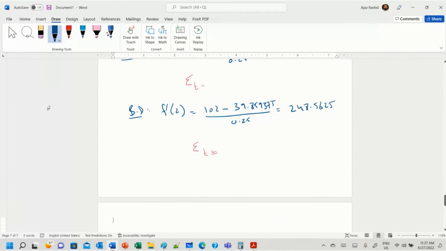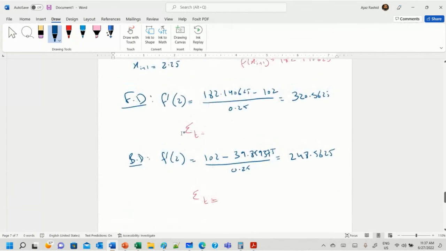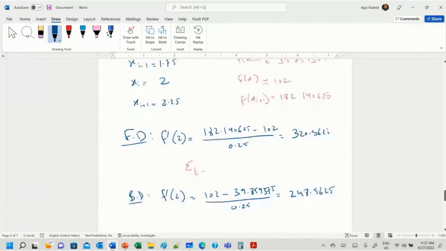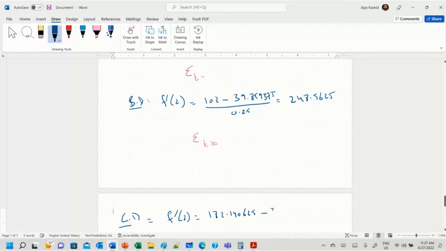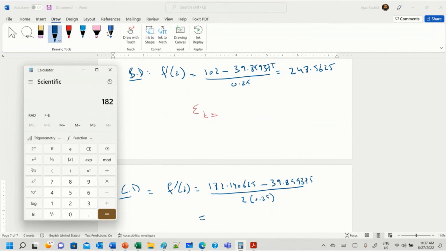And then I have the centered difference. I'll write it as CD, which is 182.140625 minus 39.859375, divided by 2 times the step size.